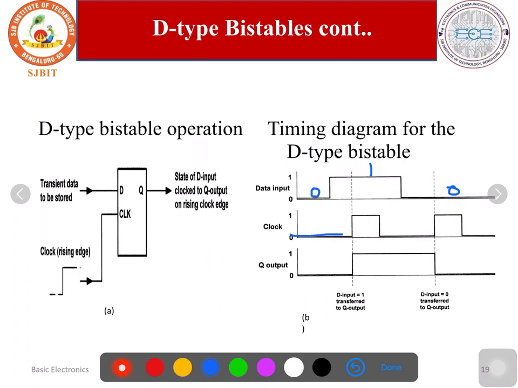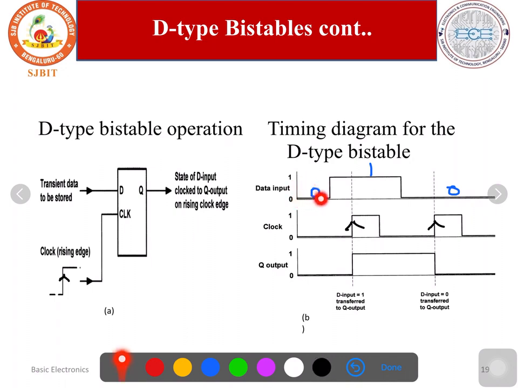And here we have applied the clock pulse: 0, 1, 0, 1. We have assumed this is sensitive to the rising edge of the clock pulse. In the clock, see where the rising edge is? Here is the rising edge, here is the rising edge.